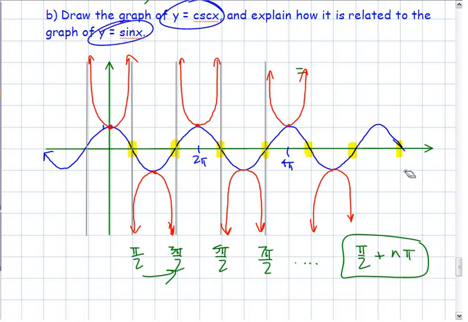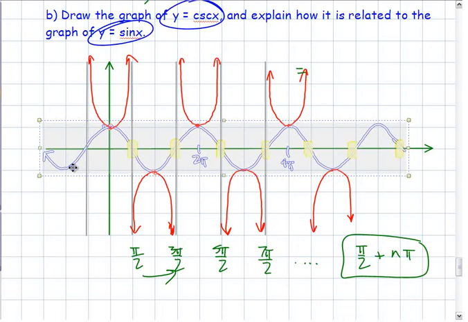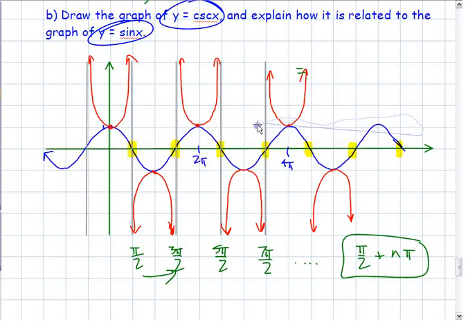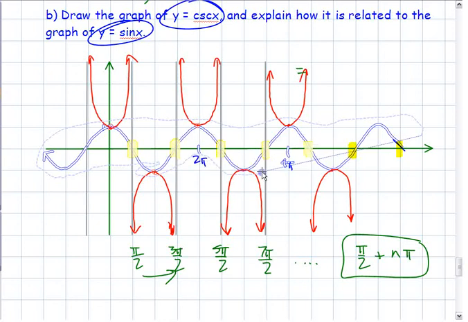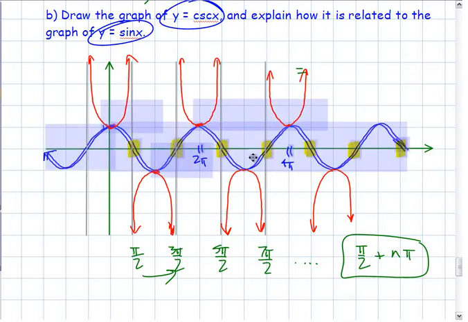Essentially, I'm going to shift the whole graph over here, because the graph of sine actually looks like this.